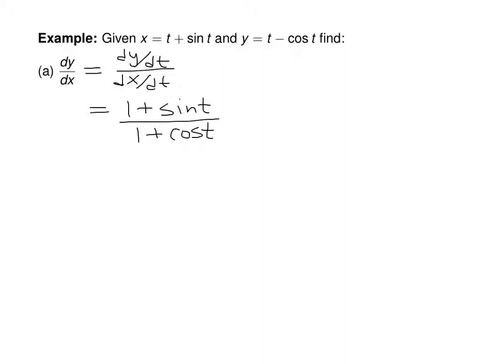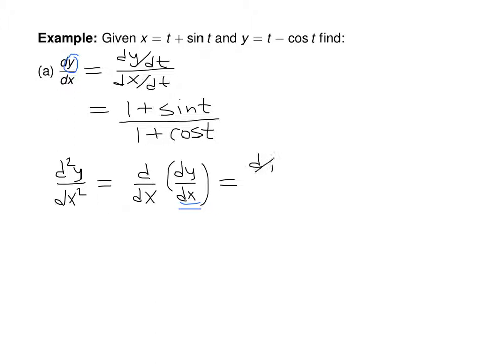Now the next example asks us to find d squared y over dx squared. This is a little tricky. You've got to think about this as d over dx of dy over dx. And now this dy over dx kind of functions like that y, which means you have d over dt of dy/dx divided by dx/dt. You don't just differentiate the top and bottom twice.